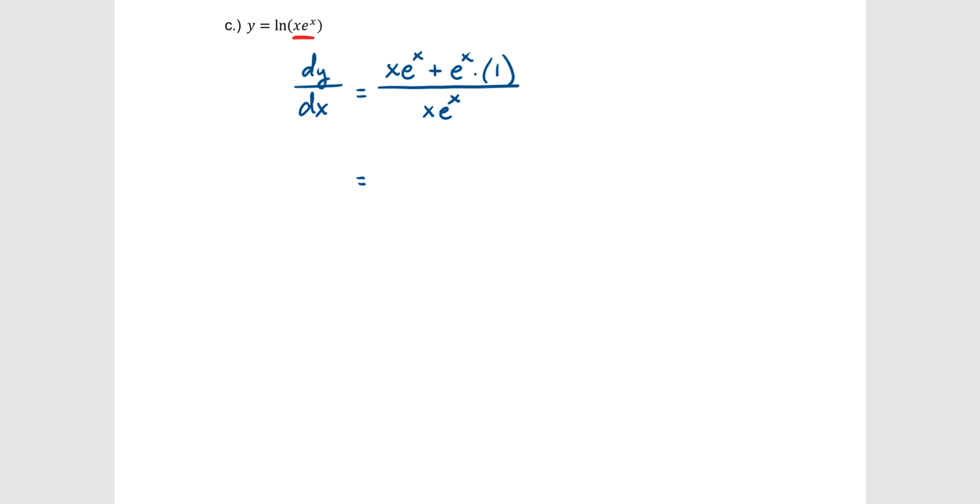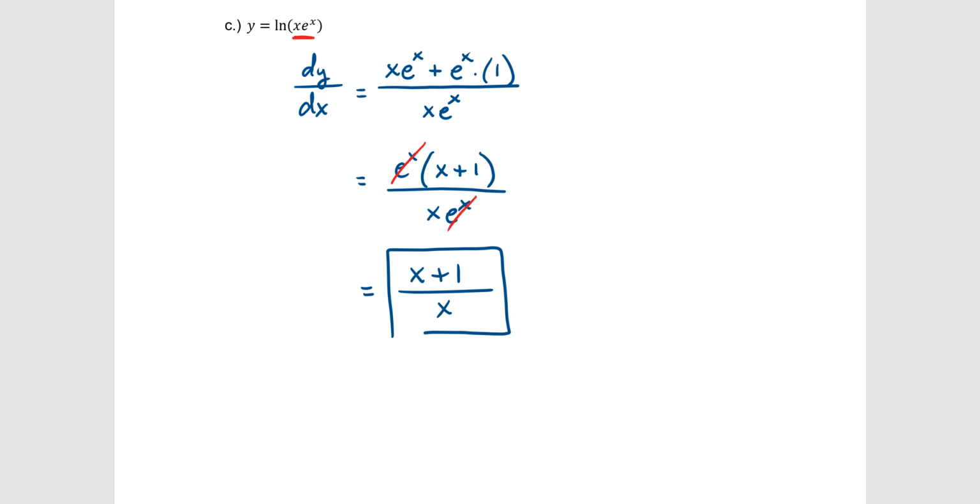Looks like we can actually factor out an e to the x in the numerator, and then we'd be left with x plus 1 divided by x e to the x. And I did that because I saw that these were going to cancel. E to the x divided by e to the x cancels to 1. And we are left with x plus 1 over x. And I'll stop simplifying right there, and that's our derivative.